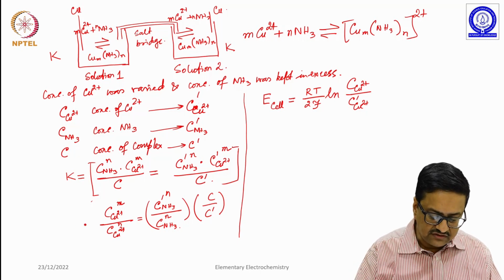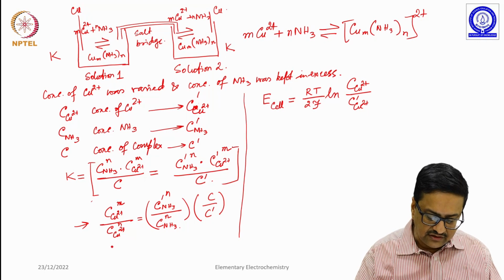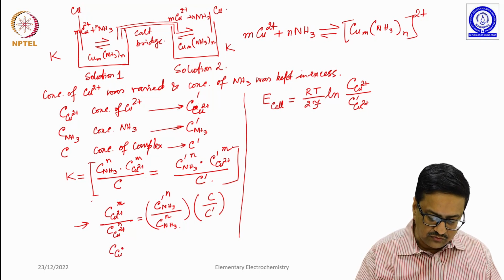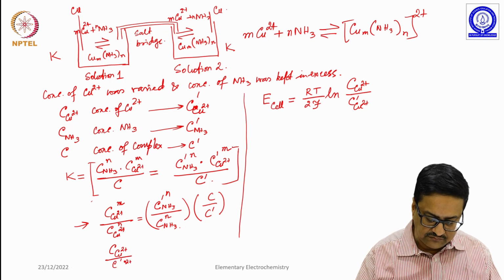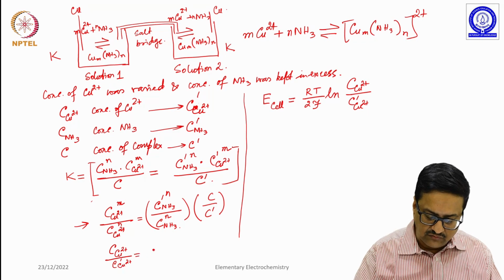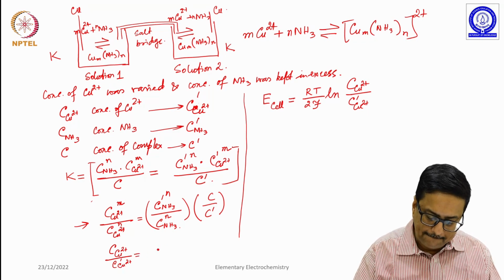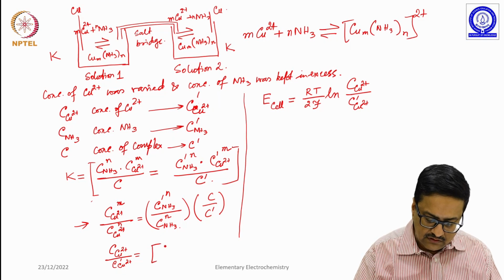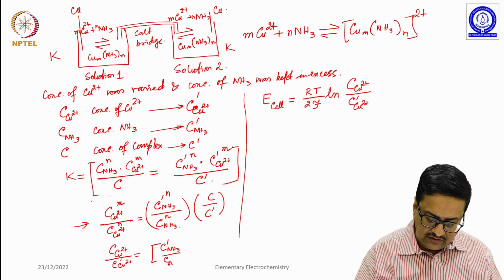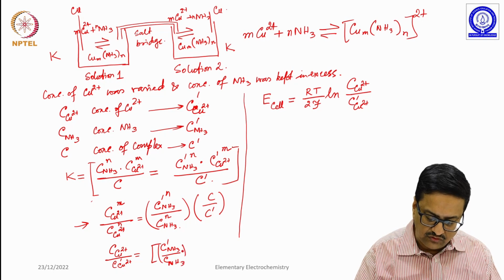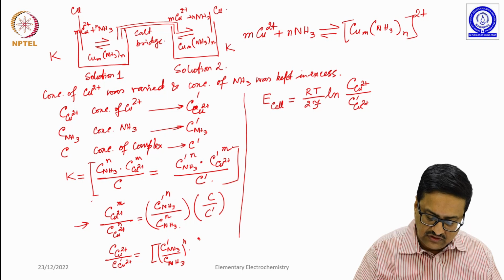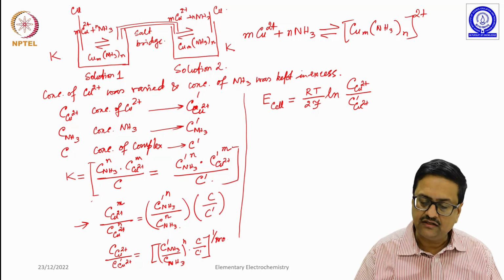So, now from this equation what you can get is that C Cu2 plus by C Cu2 plus prime is equal to C prime NH3 by C NH3 whole to the power n into C by C prime to the power 1 by m.